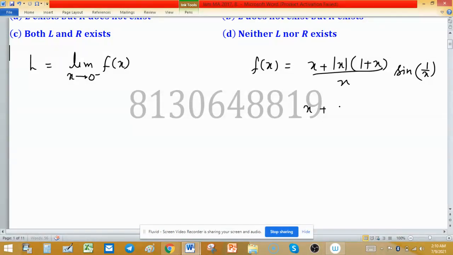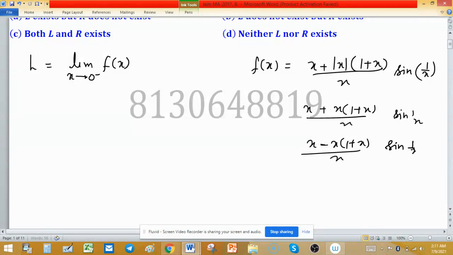When x is positive, mod x will be x, so (1 plus x divided by x) into sine 1 upon x. For negative values, mod x is minus x, so (1 plus x divided by x) sine 1 upon x. This is the structure of f(x) for x greater than 0 and for x less than 0.